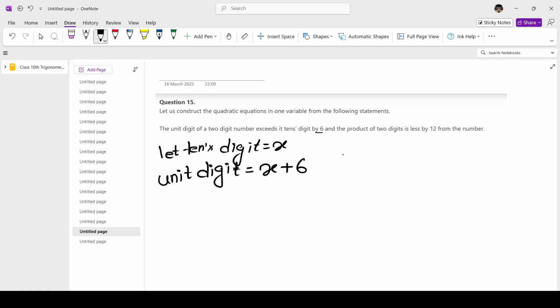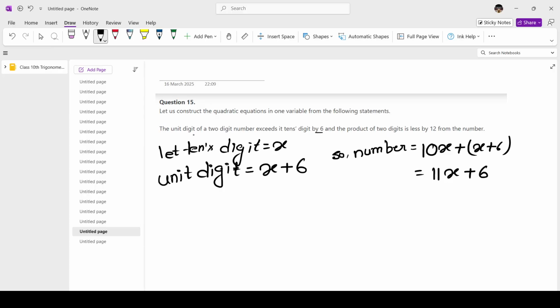So the number is 10 into the tens digit plus the unit digit, that will be 11x plus 6.